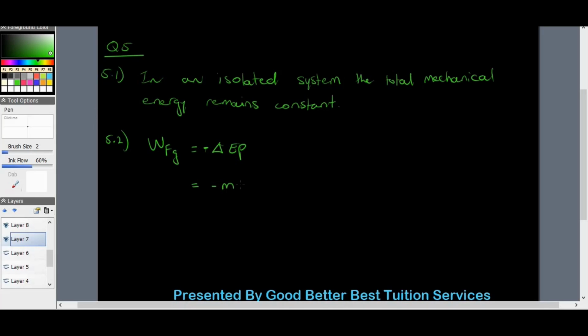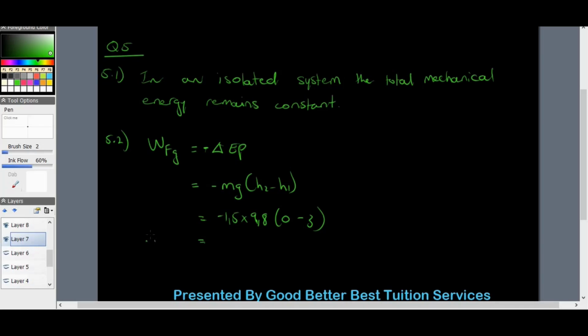We're not going from the bottom up, so it's going to be negative, meaning we're going to have negative mg times (h2 minus h1). So we're going to have negative 1.5 times 9.8, remember, because 9.8 is positive going downwards, and then 0 minus 3, because we end up at the bottom with no height, and our beginning on top, we were 3 meters above the ground.